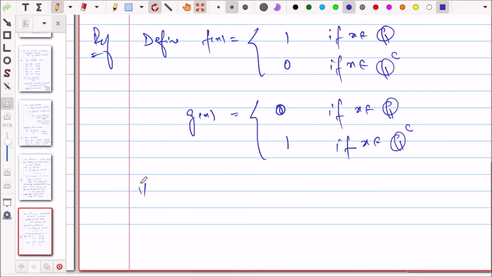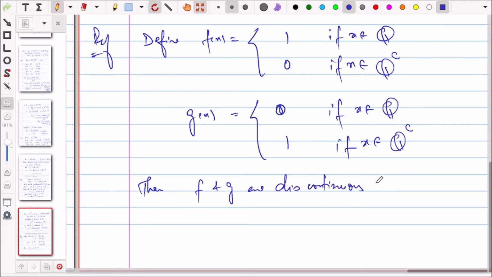Then f and g are discontinuous everywhere on R. We have got two functions which are discontinuous everywhere on R.